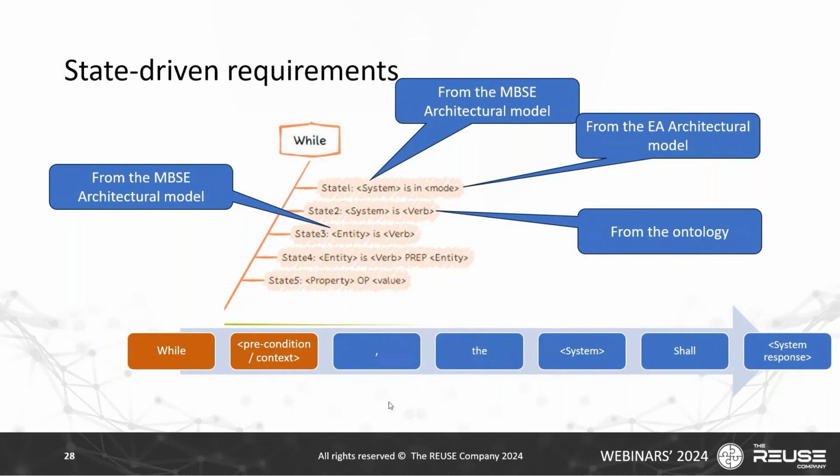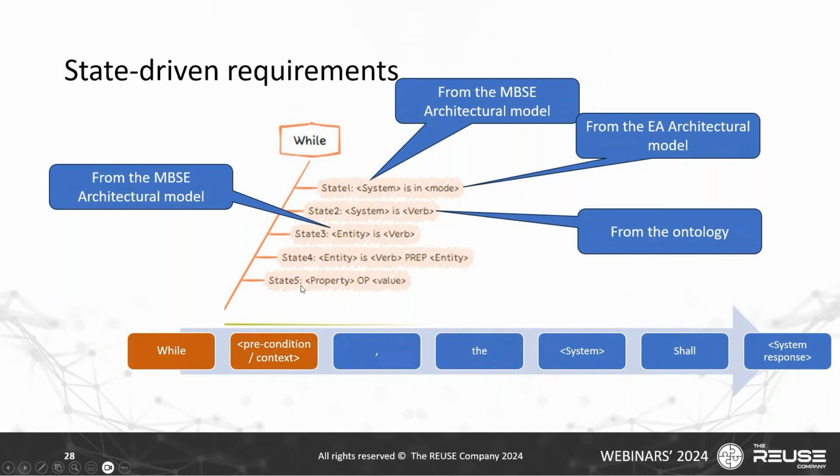Or a verb representing a mode, a state, a system which is activated or not activated, whatever. Or an entity which is detected by another entity, that could be the fourth element, or while a property has a value of whatever. So whenever this property has this value, then this requirement becomes activated.